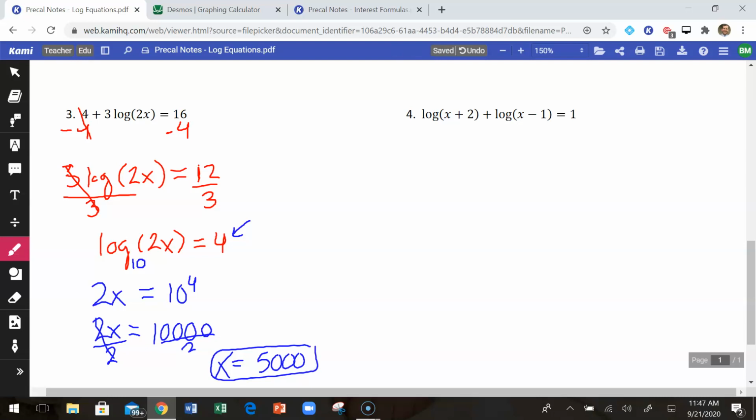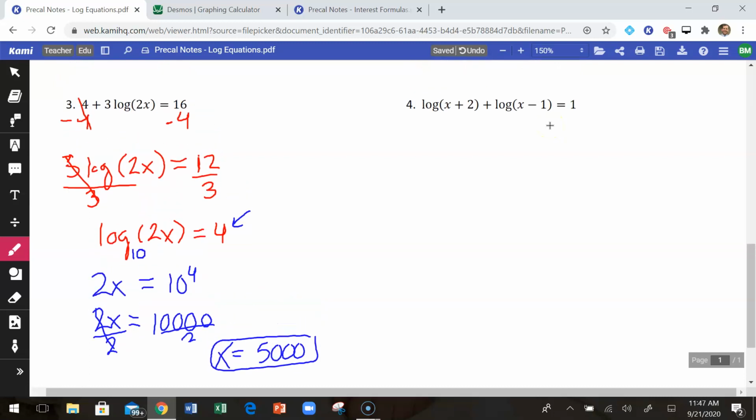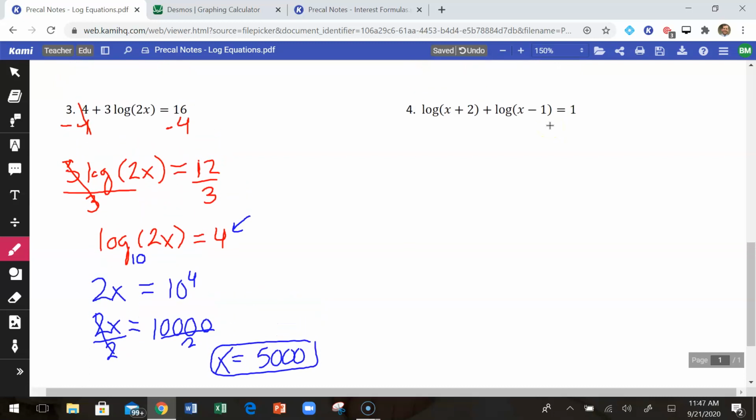And then we have our last one here, log of x plus 2 plus log of x minus 1 is equal to 1. So I have two different logs on the left side. When you have more than one log written on one side, your goal here is to use the laws of logarithms in order to condense this down into a single log so that we can then rewrite it.